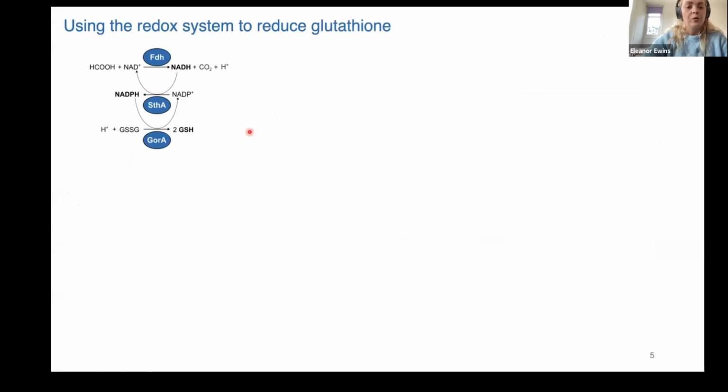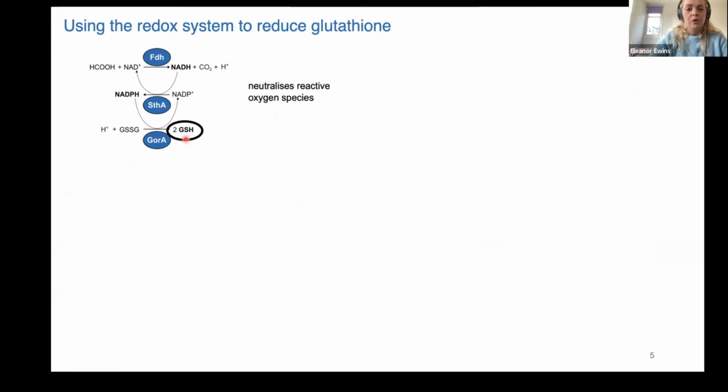And then what we went on to do is to couple a further reaction to this synthetic pathway. And this was with the aim of producing reduced glutathione. And glutathione is an extremely important molecule in biology, in cells.